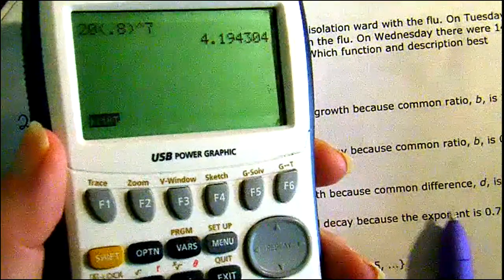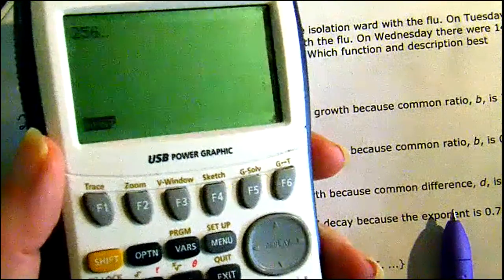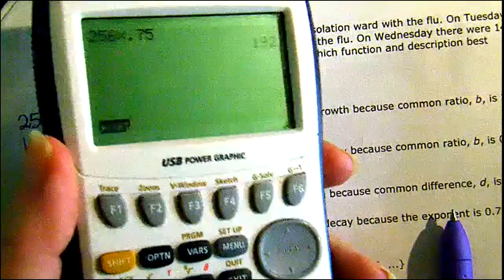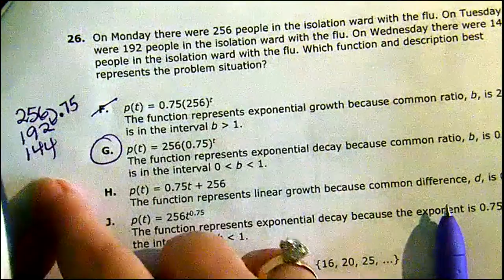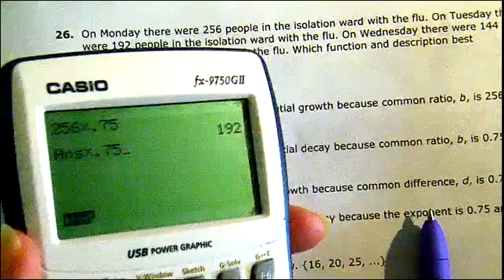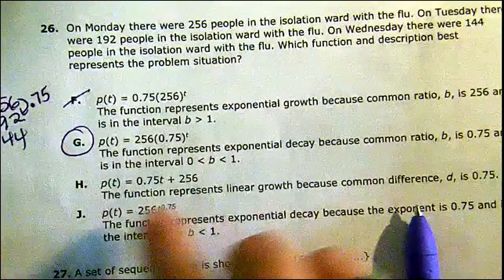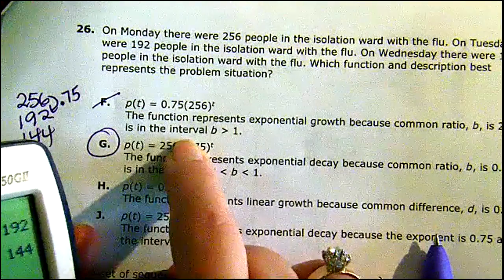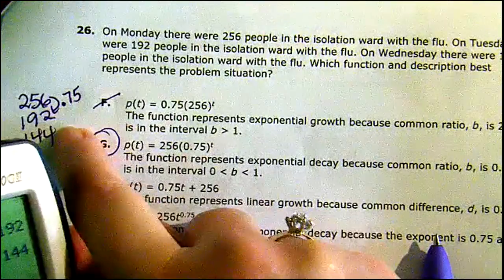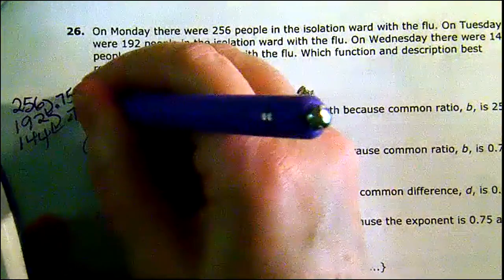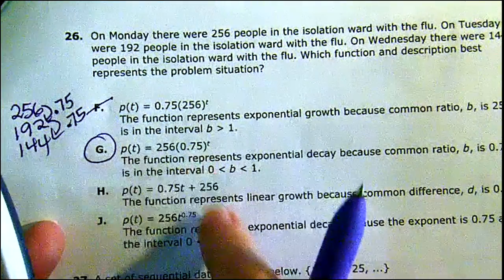Let me clear. 256 times 0.75, and I get 192, times 0.75, 144. So that's what's happening. It started at this, and every time it's multiplying by 0.75. So this is the one that matches.